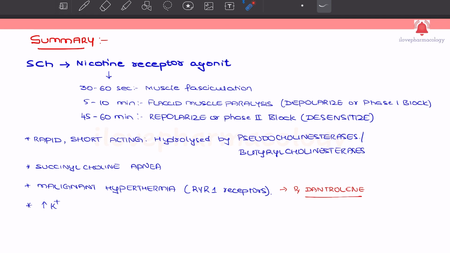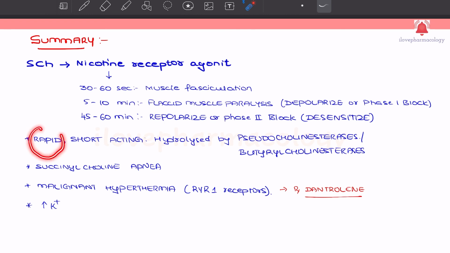Following which, in the next 45 to 60 minutes, there will be repolarization, or the phase 2 block. It is mainly due to desensitization. This block can be overcome by giving neostigmine, whereas neostigmine will increase the phase 1 block.